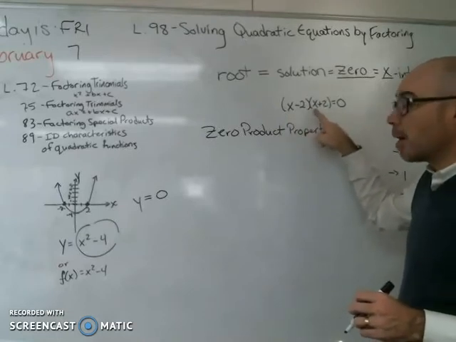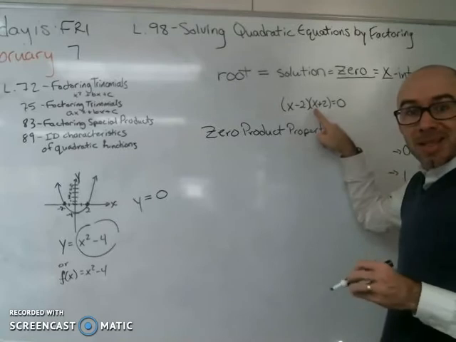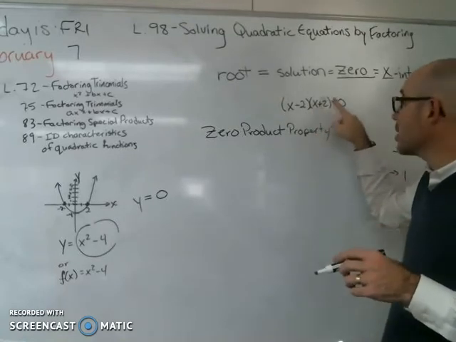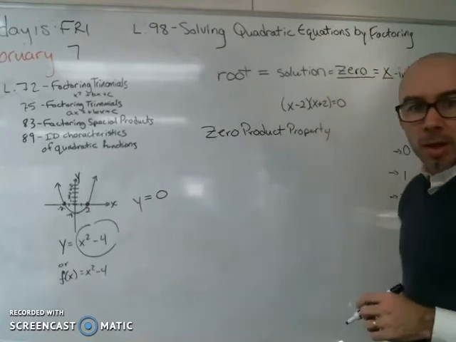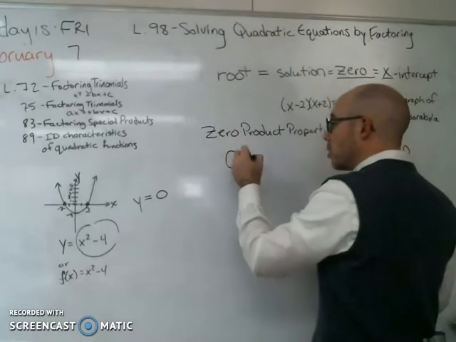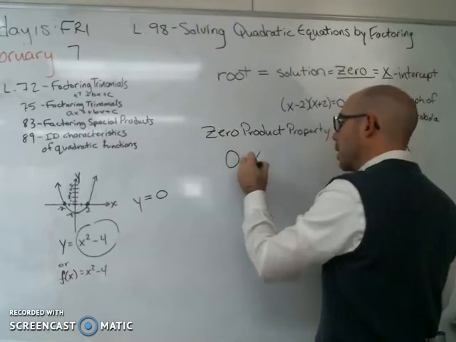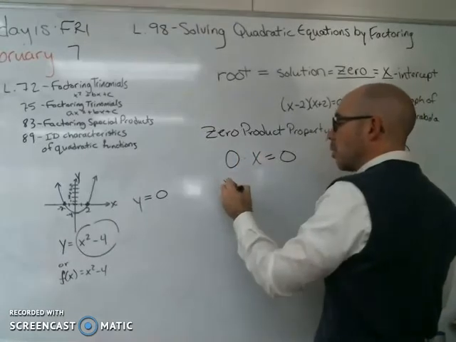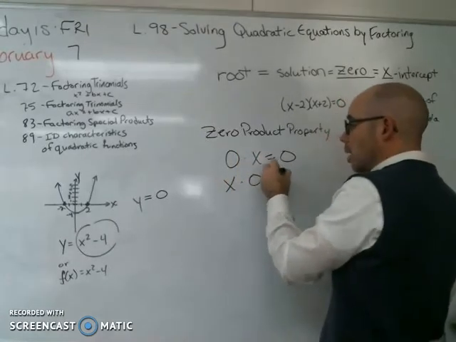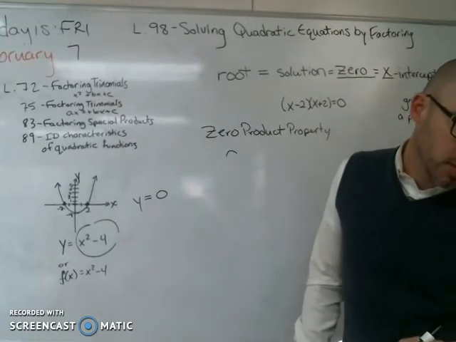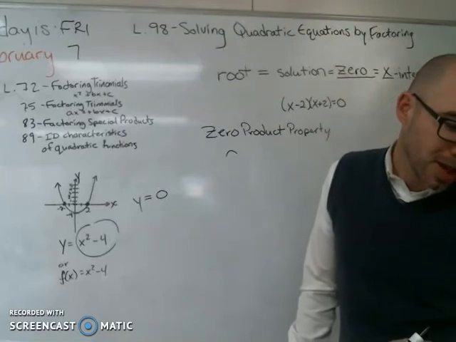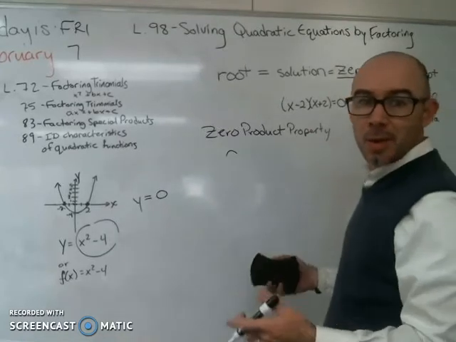Or if I plug in a value right here that makes this term equal 0, 0 times anything equals 0. The zero product property just says 0 times something, let's call it x, is still equal to 0. Or how about x times 0 is still 0. Officially, if the product of two quantities equals 0, at least one of the quantities equals 0.